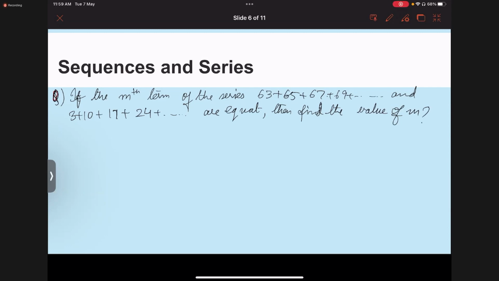Okay, so this is the question. There are two different series, and we are saying that the mth term in both the series are equal. So we have to find the value of m. If you see carefully, both of them form an arithmetic progression. For the first series, d is 2, and for the next one it is 7.